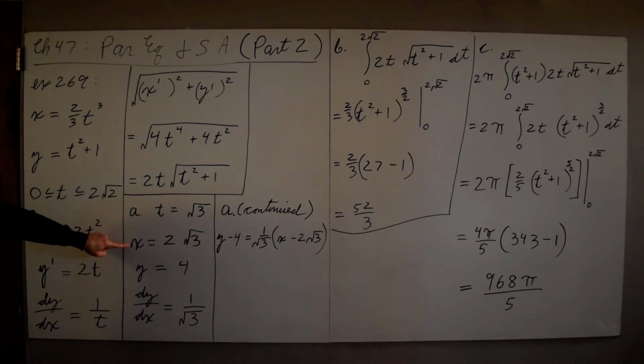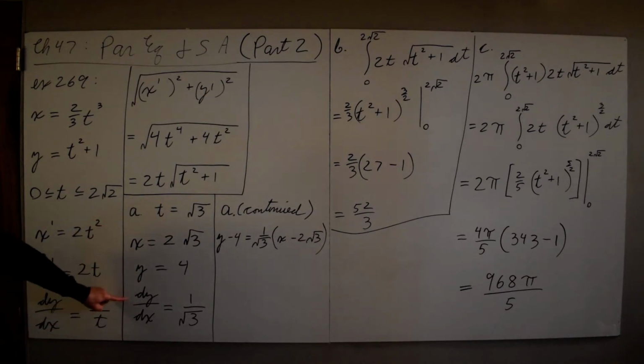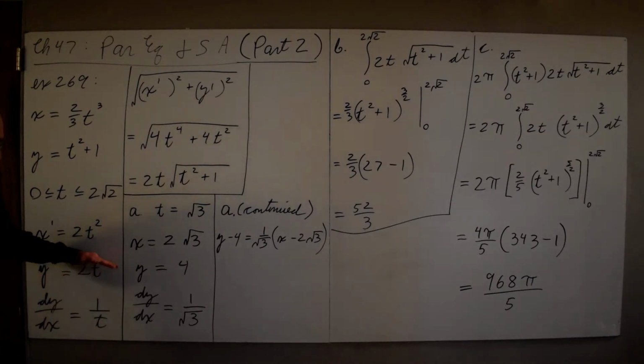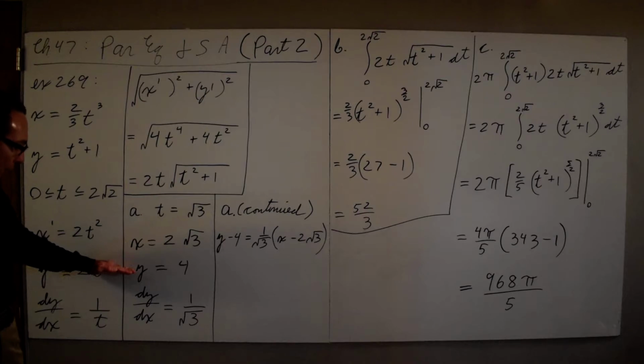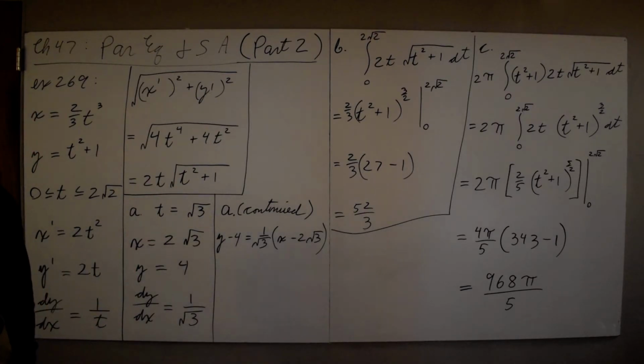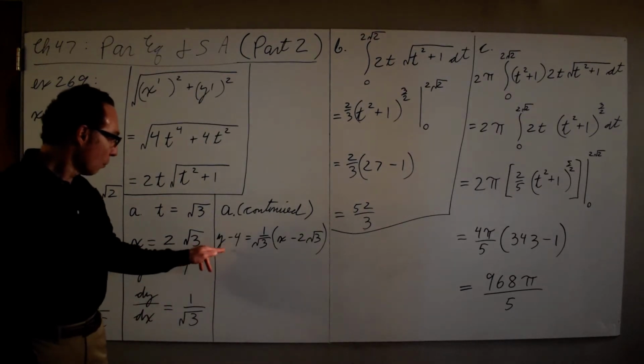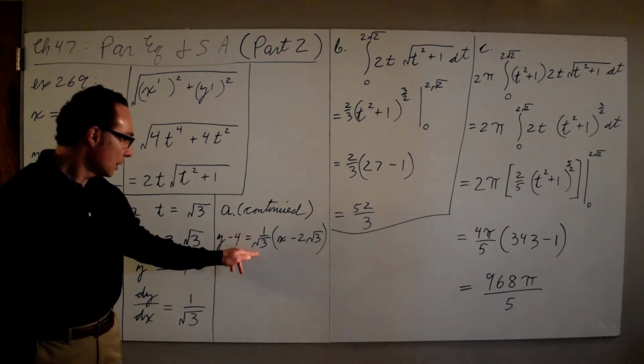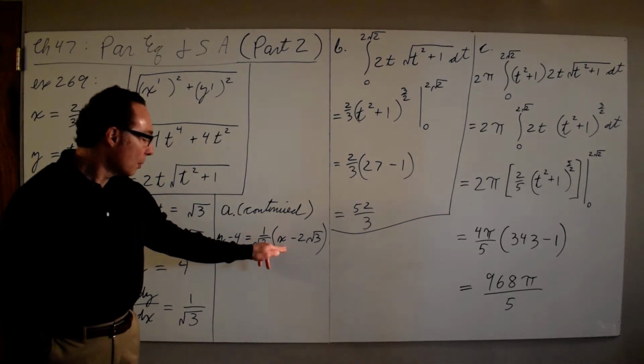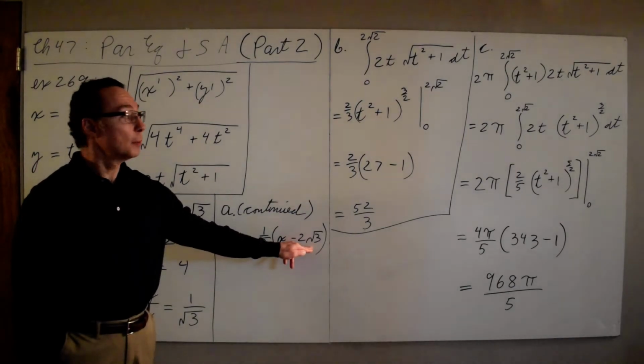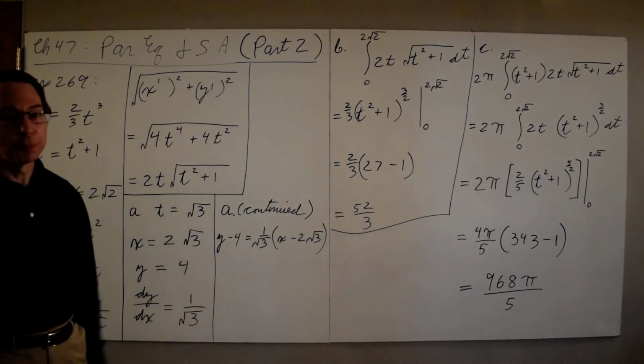So we have x is 2 square root of 3 and y is 4. And dy/dx is 1 divided by square root of 3. So we have an x-coordinate, a y-coordinate, and a slope. So to find the equation of the line, we have y minus the y-coordinate is equal to the slope multiplied by x minus the x-coordinate. And so there's part A.